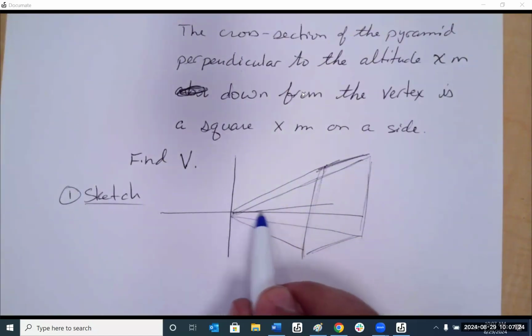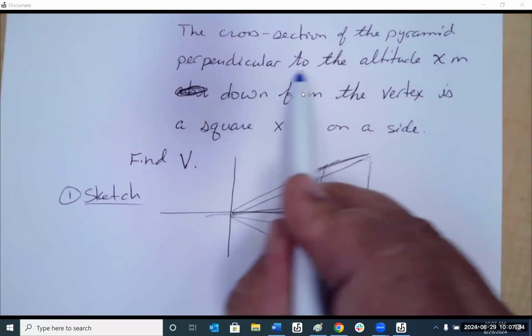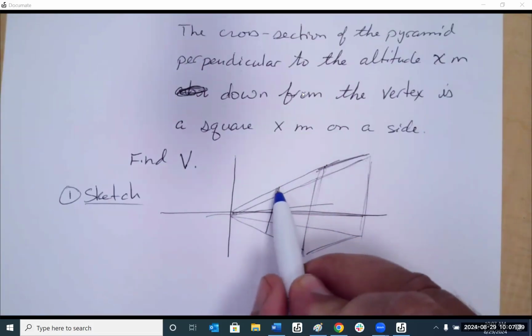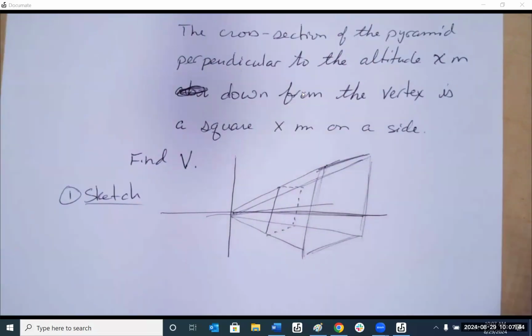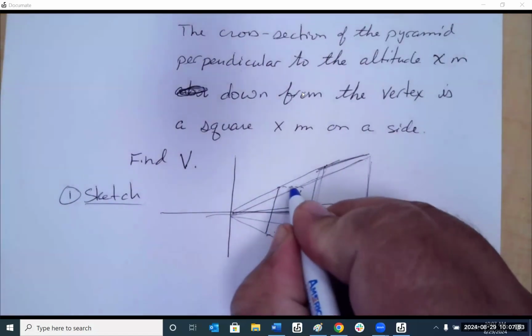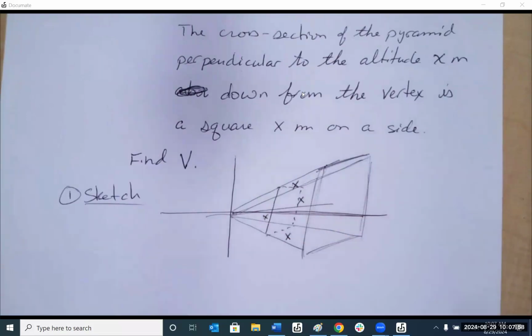That's what the graph looks like. Because remember, the perpendicular to the altitude, so here's our perpendicular cross section, is x meters. So that's x, that's x, that's x, and that's x.